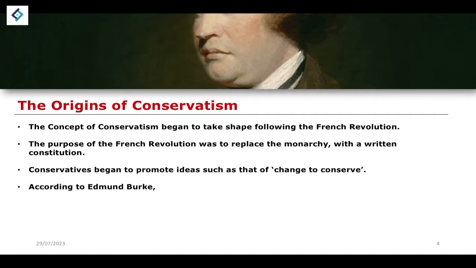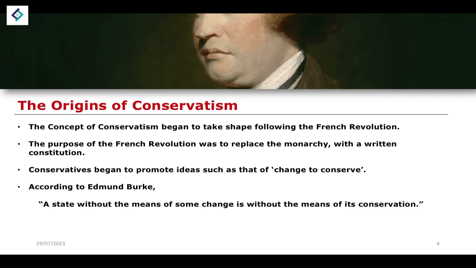This really brings into question the work of Edmund Burke, who is arguably one of the earliest conservative thinkers who contributed so significantly to conservative political thought. He wrote a treatise on the evils of revolution, a book I would recommend for any political philosophy student. And he says that a state without the means of some change is without the means of its conservation.